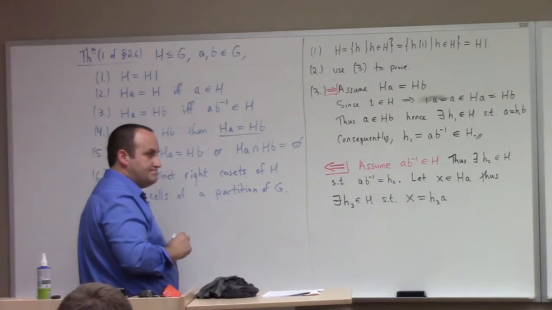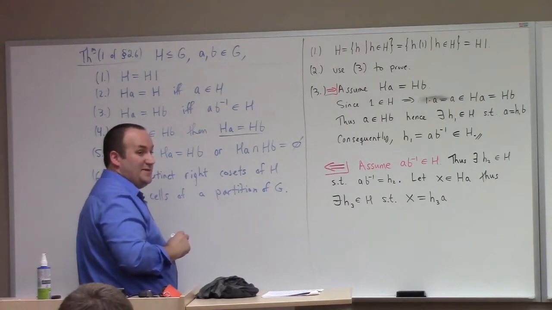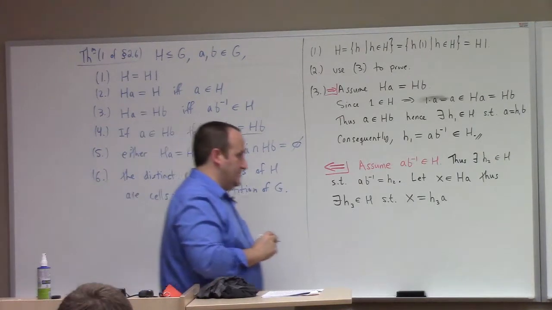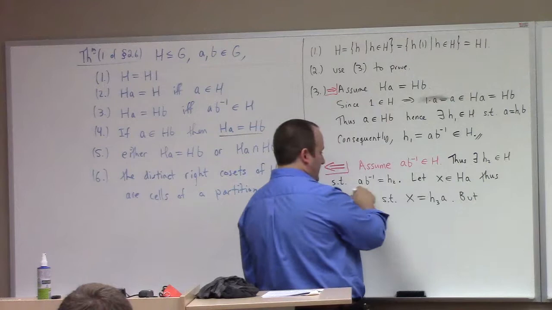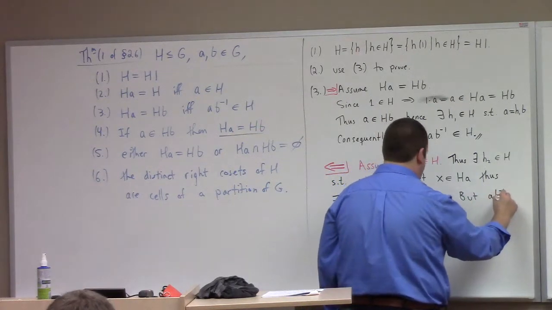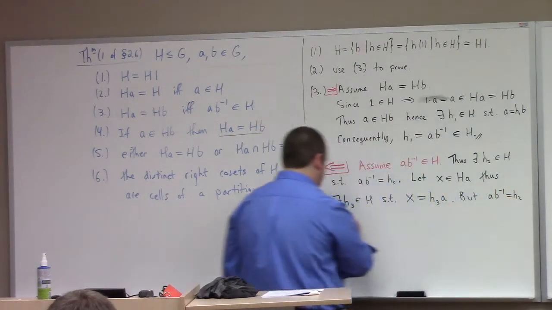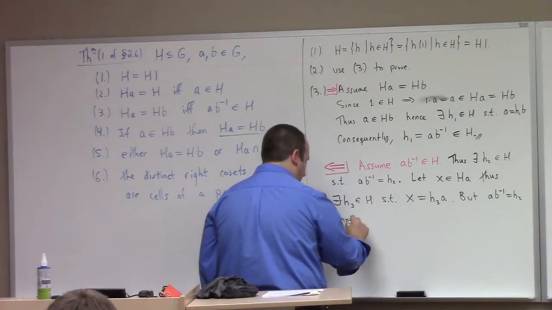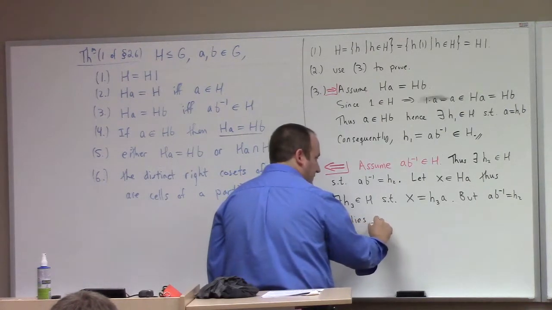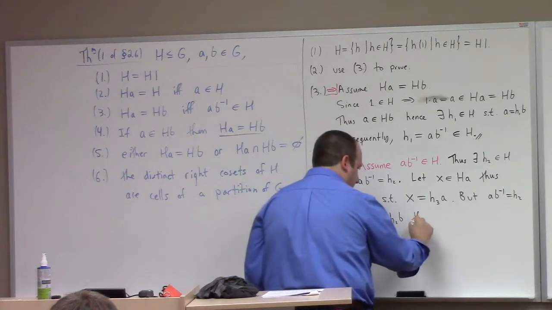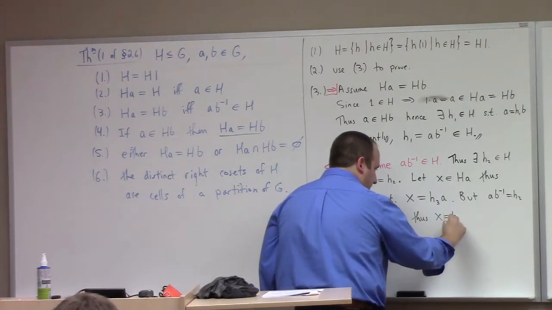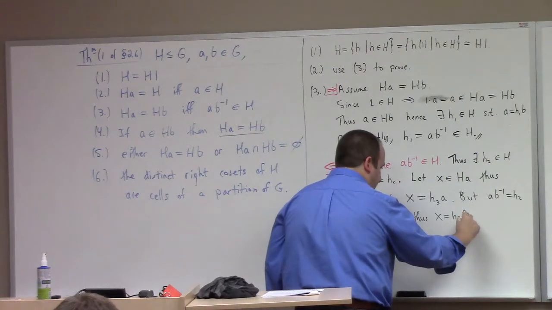Then what? How can I convert that a to a b? But ab inverse equals h2 implies a is equal to h2 b. Thus, x is equal to h3 times h2 b.